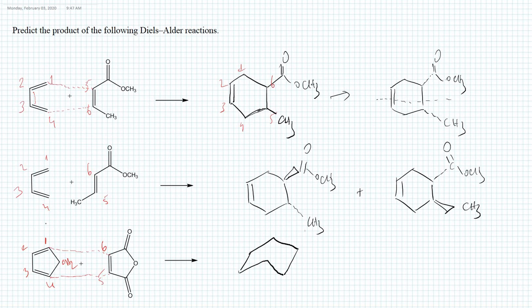So let's number again with the red one. This was number 1, number 2, 3, 4, 5, and 6. Basically, between number 1 and 4 there is a methylene bridge here, right? So generally people draw it this way.